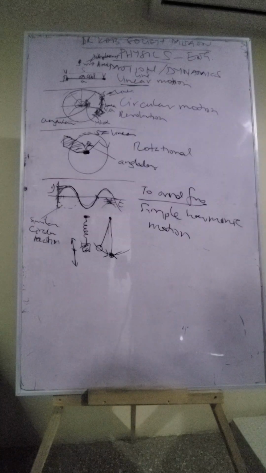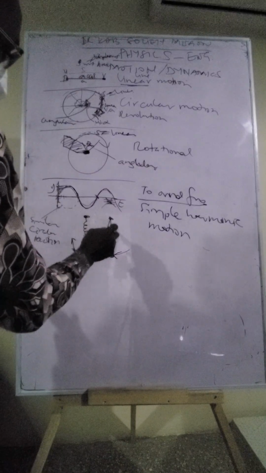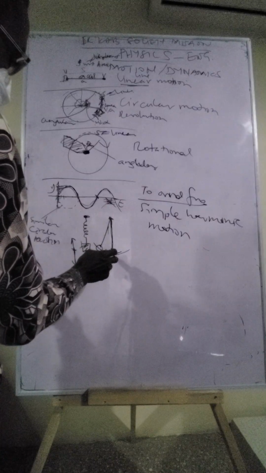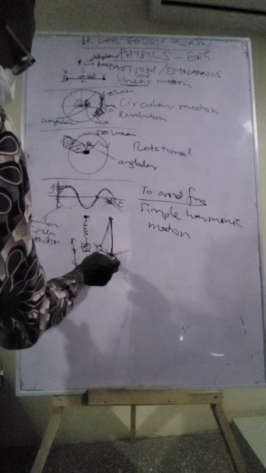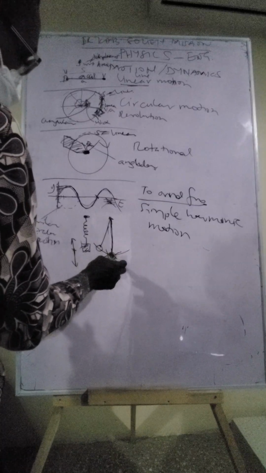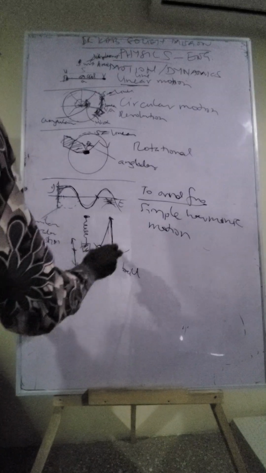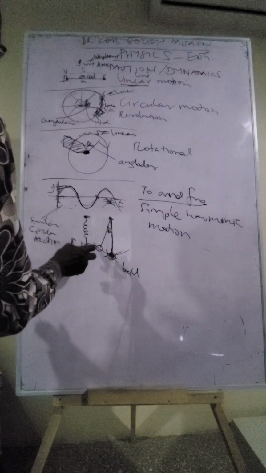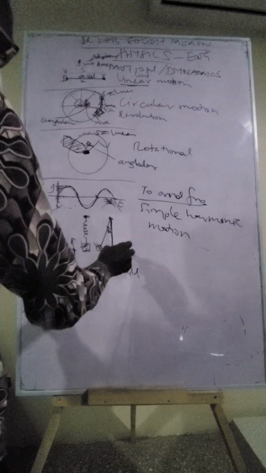Let me just add something small to this. It is the pendulum. A pendulum is when you have a thread or a string, and at the end we have, let's say, a metallic ball. When you swing it, displacing it to the left with a small angle, it keeps on moving.